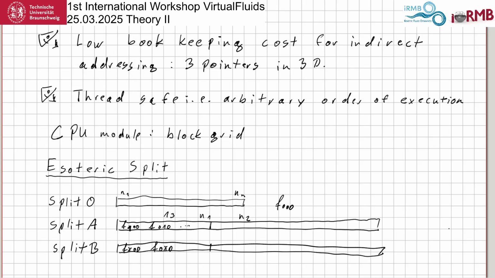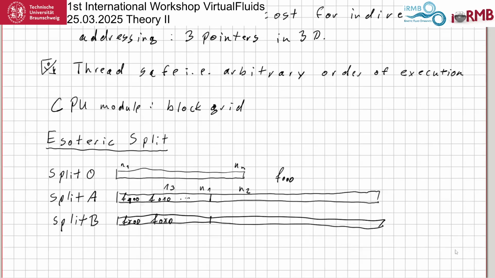But we store 13 of them together in this one direction and in the opposite direction. Then what we do, we read from split A, and then we write opposite to split B. So basically, we're doing the same esoteric twist, just with a different data structure.